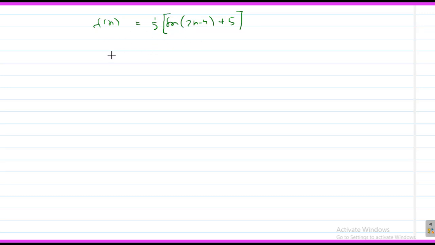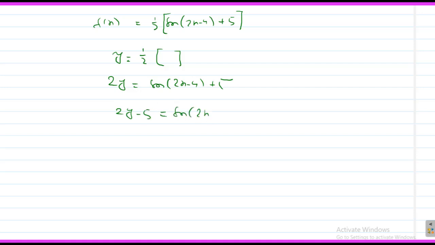You know the procedure. Just let y equal to 1 by 2, not 1 by 5, 1 by 2 times of some bracket. So 2y equal to sine of 2x minus 4 plus 5, or 2y minus 5 equal to sine of 2x minus 4.